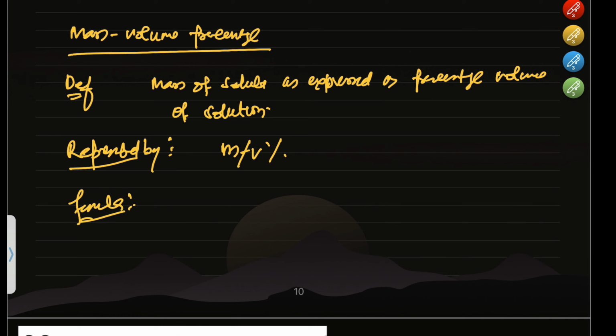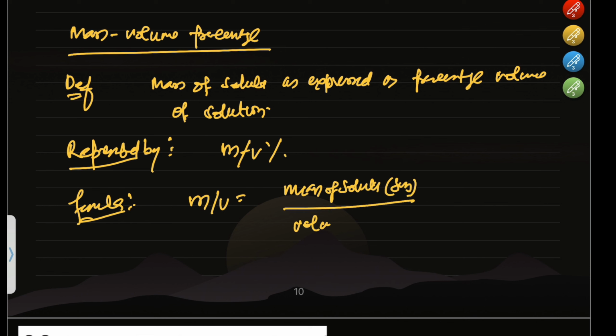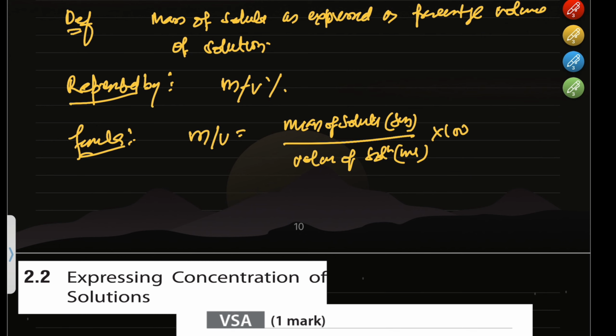Formula: m by v is mass of solute in gram, volume of solution in ml, into 1000 into 100.